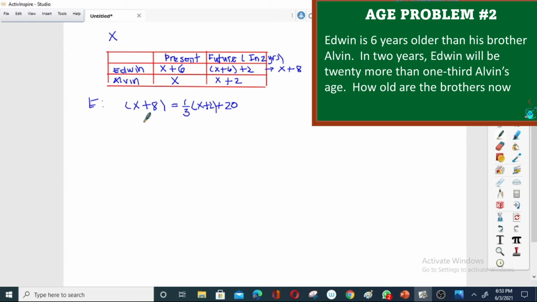Again, since there is one-third, let us multiply it by 3 to cancel the 3 here. So let us solve. 3 multiplied by x plus 8 is equal to, this will cancel out, x plus 2 plus 20 times 3 is 60.